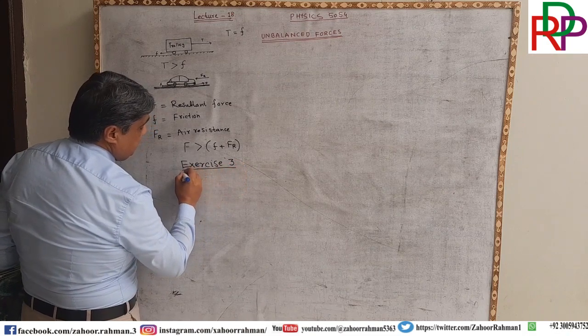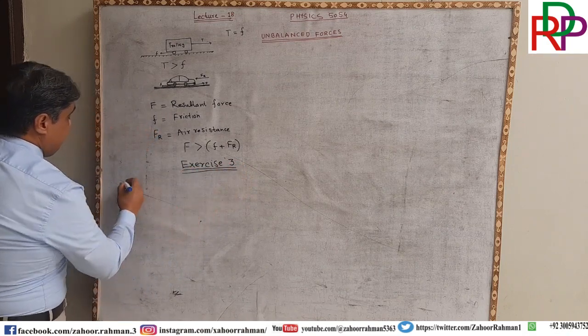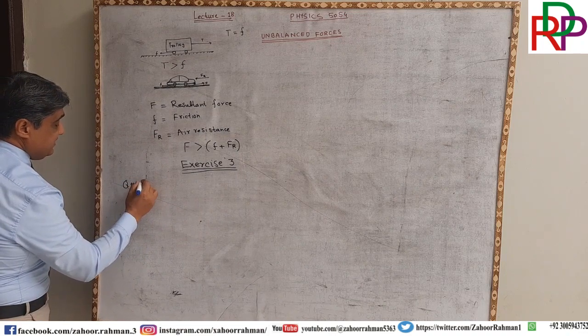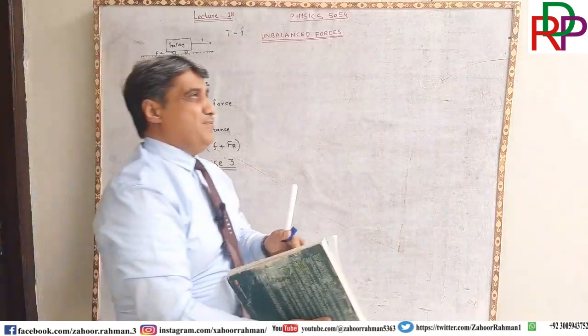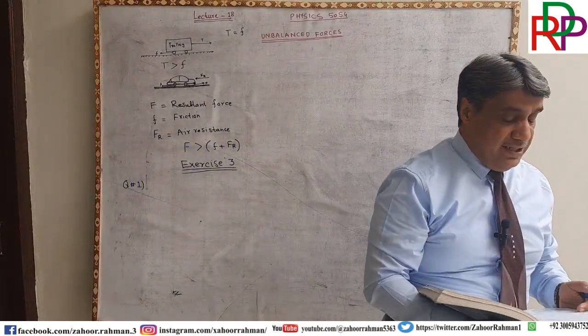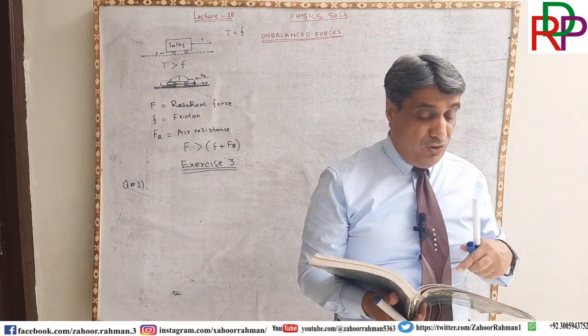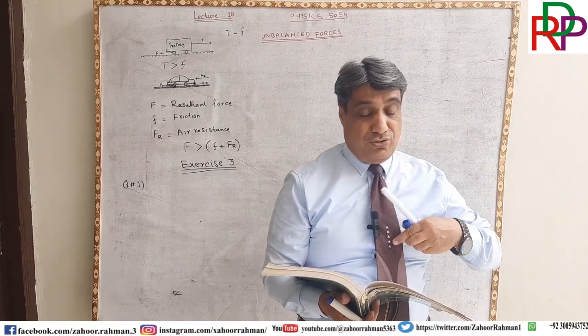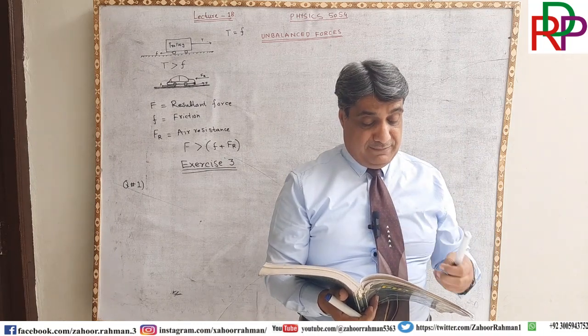Let us do these exercises. Now question number 1 is saying, ladies and gentlemen, listen to the question if you are not having the book. The first part is saying 4 options are given and one option is correct. We have to choose the correct option.